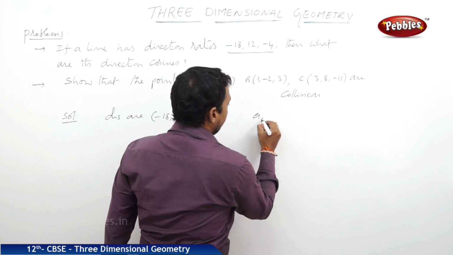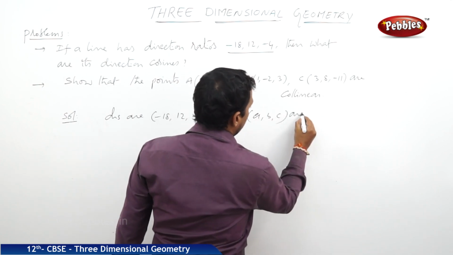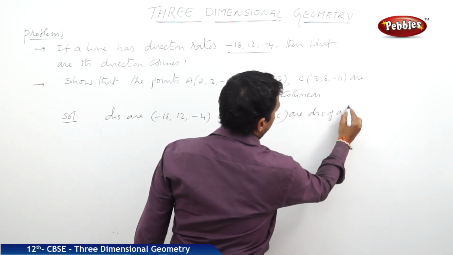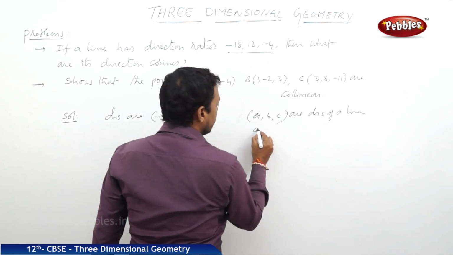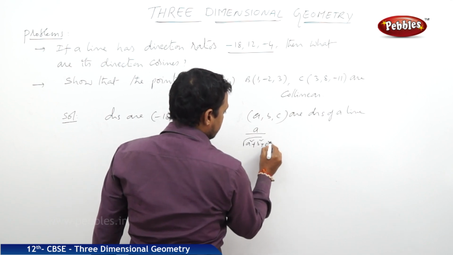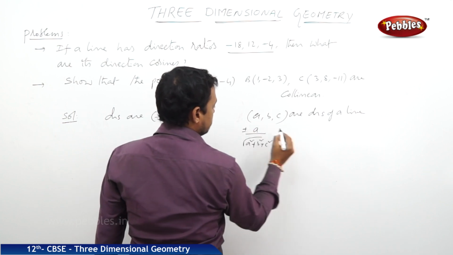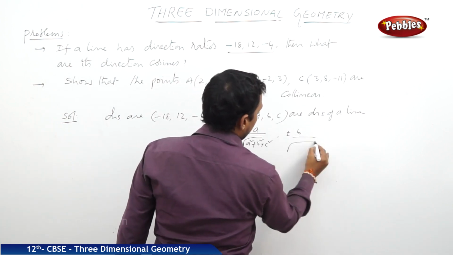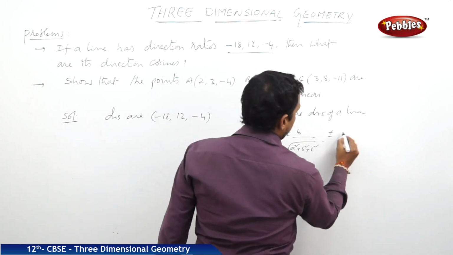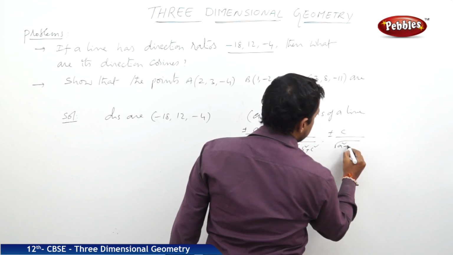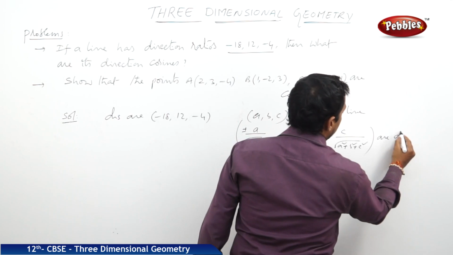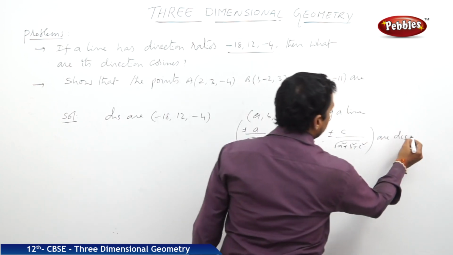When A, B, C are the direction ratios of any line, then A by root of A square plus B square plus C square, plus or minus B by root of A square plus B square plus C square, plus or minus C by root of A square plus B square plus C square are the direction cosines of the same line.